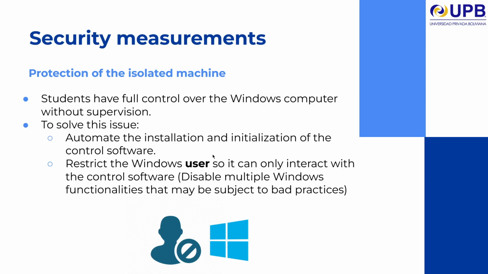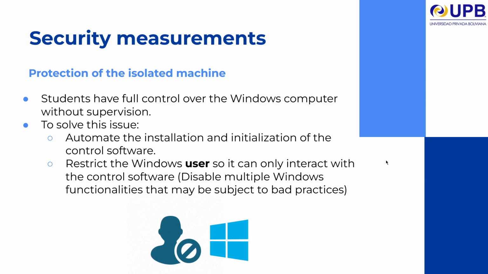First, we automated the installation of the control software. We created a script made in C# to automatically install the software without the interaction of the user, and we made the software initialize at startup. This way the user doesn't need to interact directly with any of those steps.